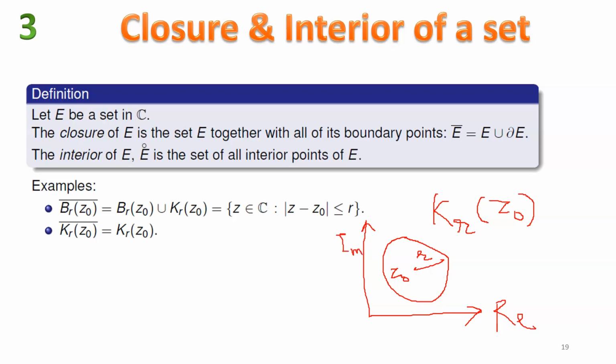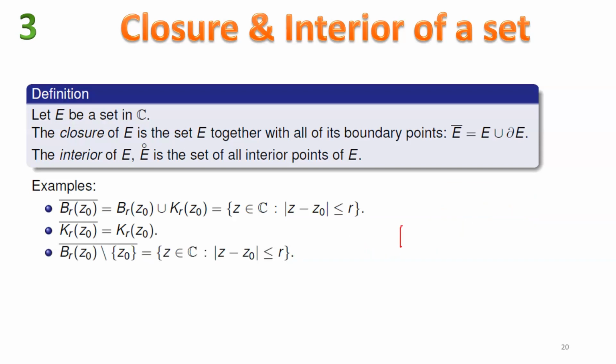Now K_R, as I said, represents a circle of radius R, and its closure will represent all interior points along with the boundary points. Therefore, the closure of K_R is nothing but K_R.